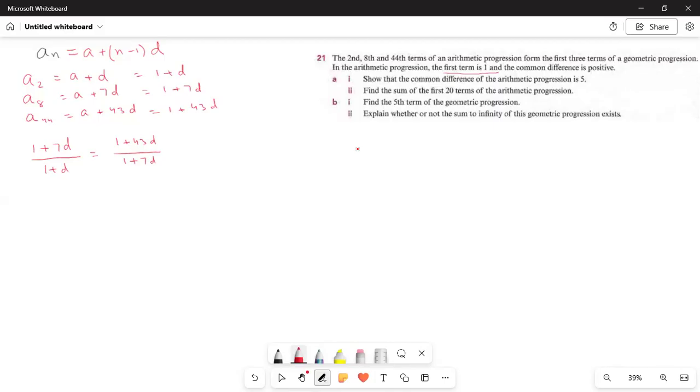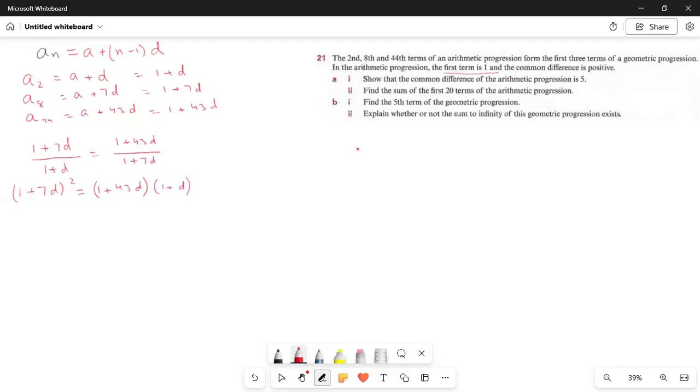So we are exploiting this fact. I will solve this equation and find the value of d. If I do the cross multiplication, it's going to be 1 plus 7d squared is equal to 1 plus 43d into 1 plus d.